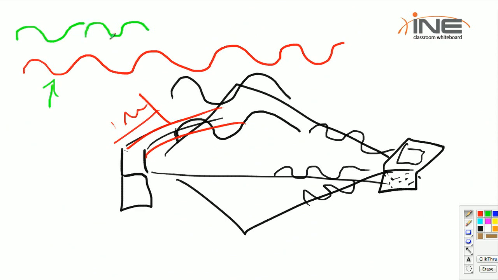So instead of transmitting where I should have and continuing to come down there and then back up, I stopped and I started again 90 degrees out of phase, or possibly even, let's say, 180 degrees out of phase.